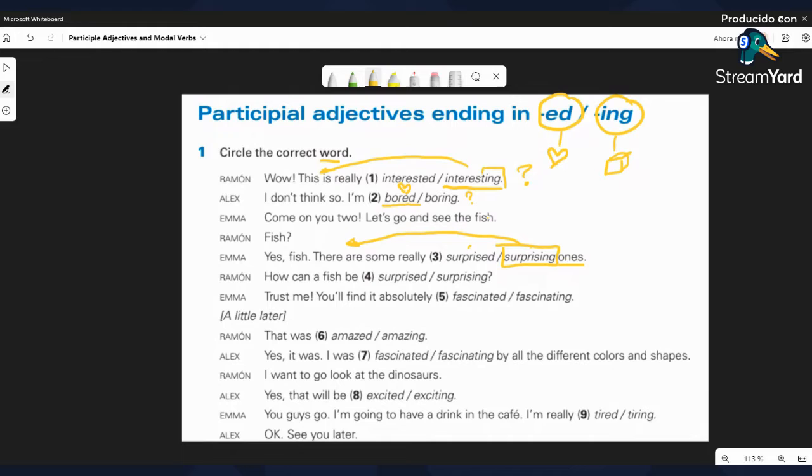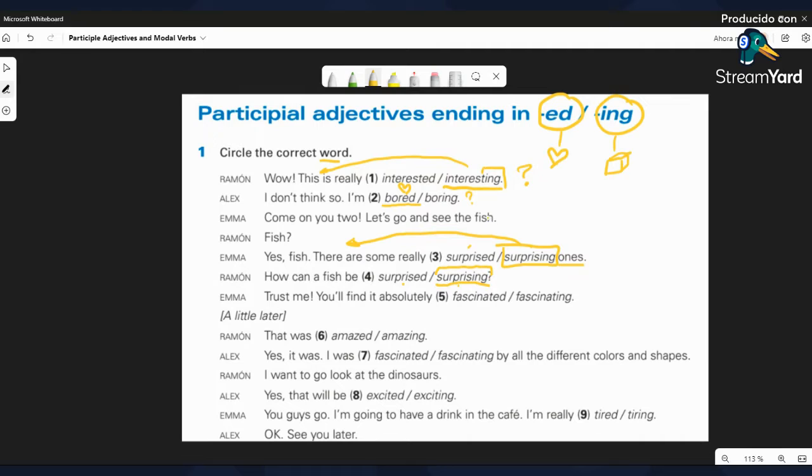They are surprising. And then Ramon answers, how can a fish be surprised or surprising? Exactly. Surprising. That is the correct answer. How can a fish be surprising?